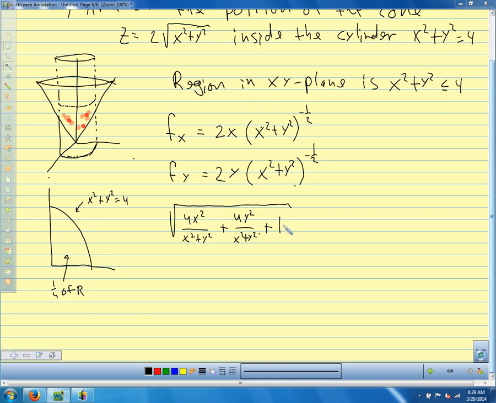So I'm going to multiply this 1 by x squared plus y squared over x squared plus y squared. And when I do that, this equals the square root of 5x squared plus 5y squared over x squared plus y squared, which equals the square root of 5. So it looked like it was going to be ugly, but it turns out nice.